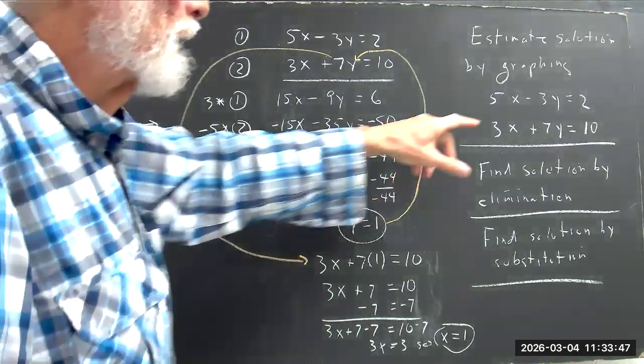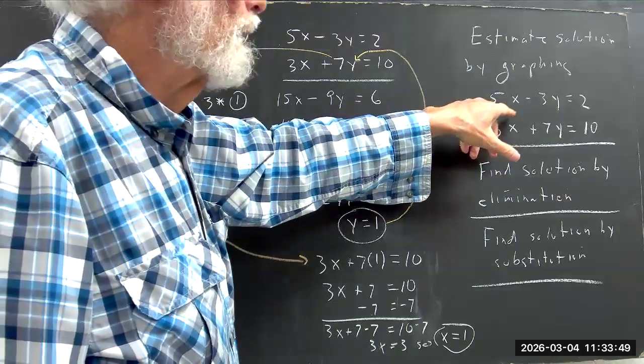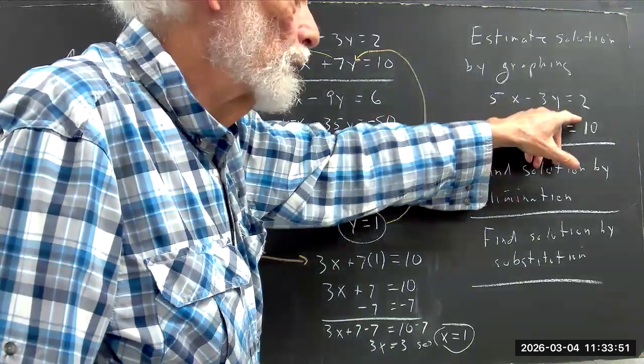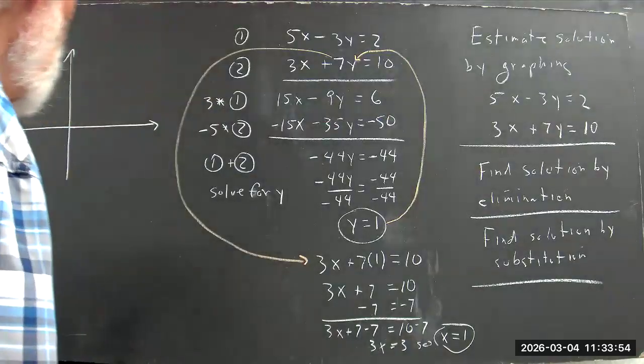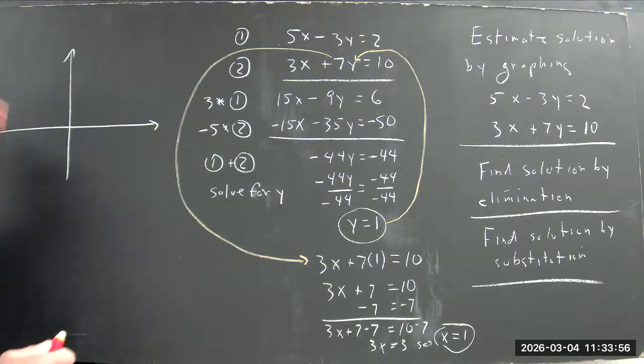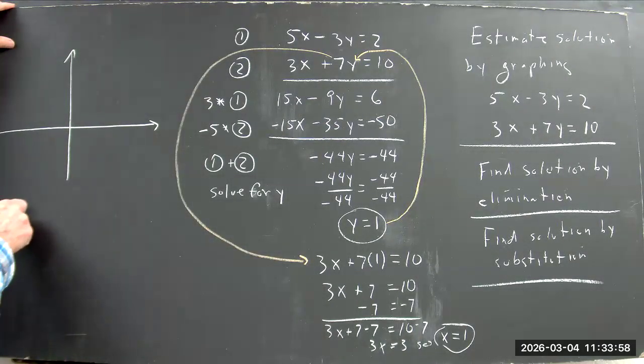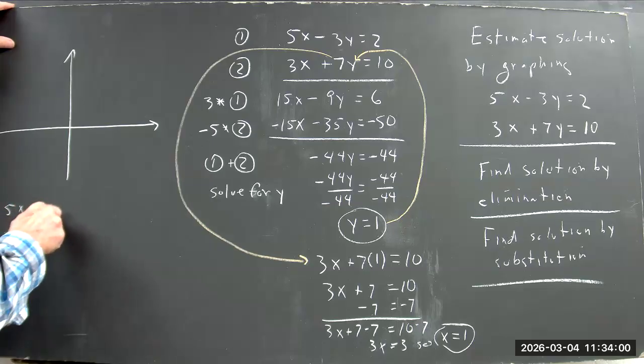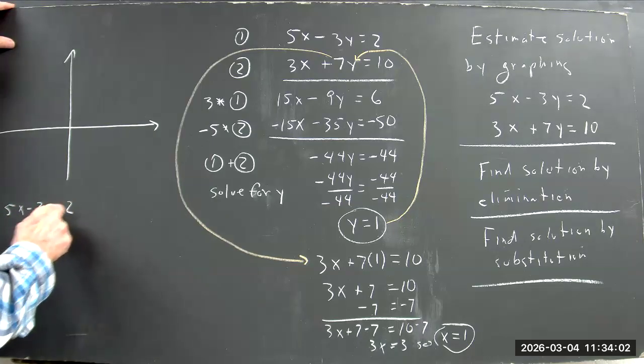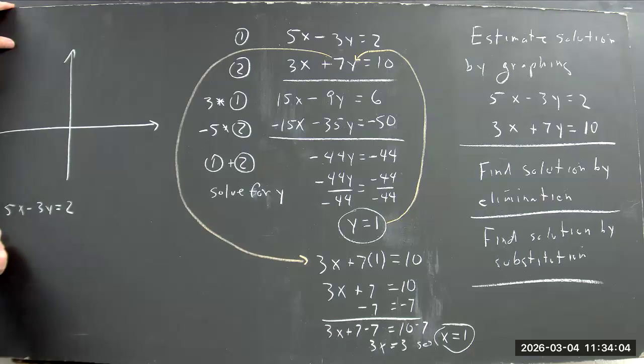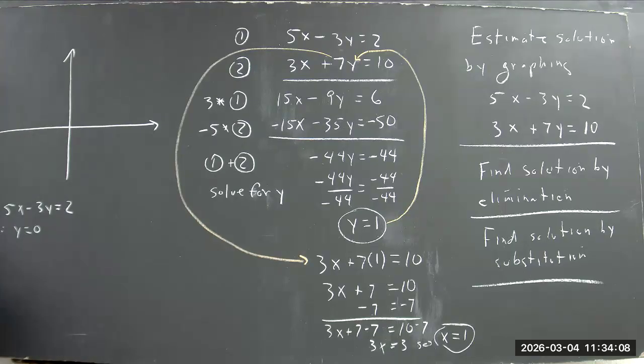So let's go ahead and graph the solution. The first equation, 5x minus 3y equals 2. I'm going to graph this by intercepts. The x-intercept occurs when y equals 0.